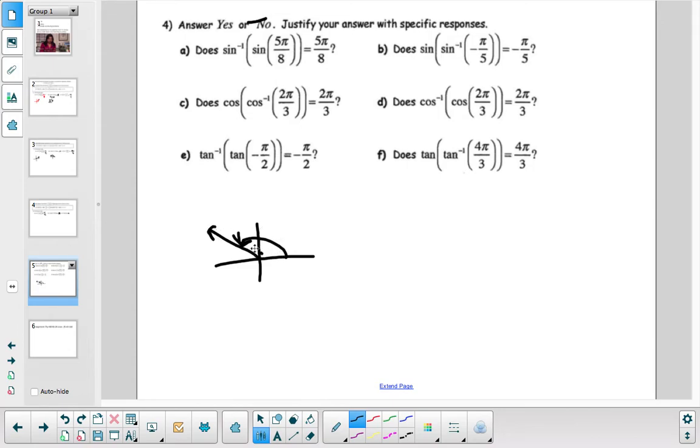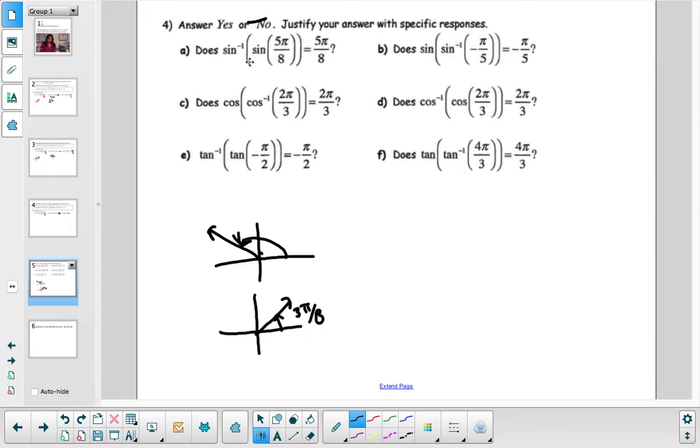So sine of 5 pi over 8 is going to be something positive. It's still above the x-axis, but when things are positive and I take the inverse trig, it wants to put it into quadrant 1. These are not the same place, obviously. This is more 3 pi over 8. Right? It's going to give you the same y value, same height, just in a different spot.